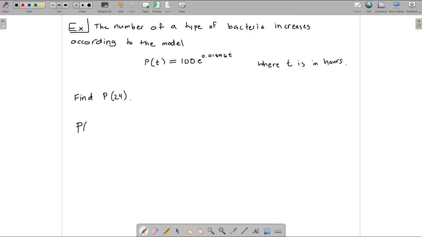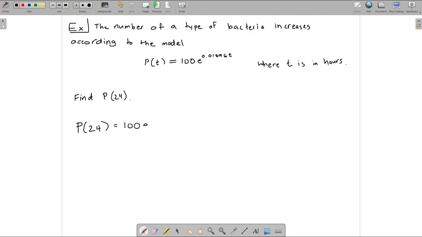P of 24. All we have to do is plug in this value for t. So this is quite a straightforward problem. So 100 was given to us. We can recognize this as the continuously compounded type of equation. So we started with 100. That was our initial population of bacteria.